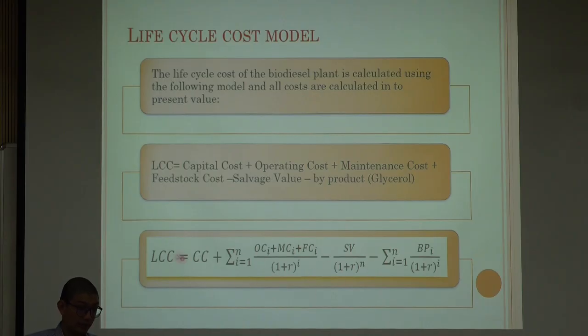So we calculate based on the present value, with a certain discount rate, or it can also be an interest rate. We consider the future value, and you want to calculate the future value at present. I mean, we call it the present value.